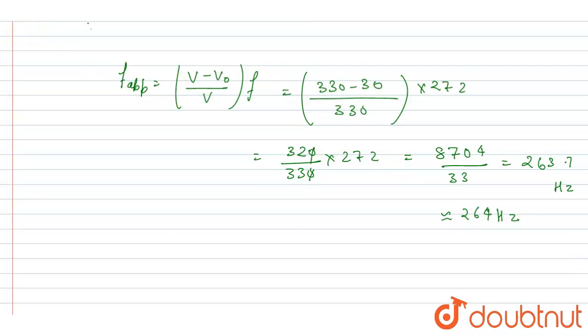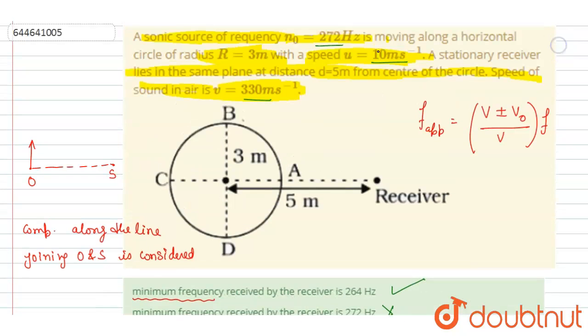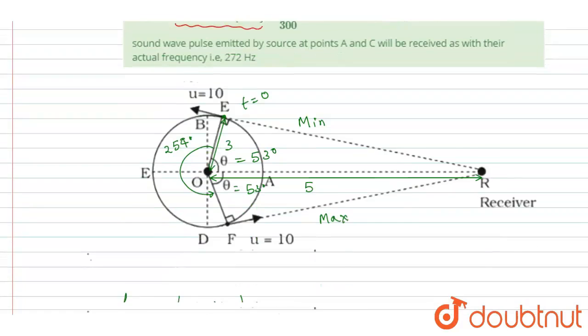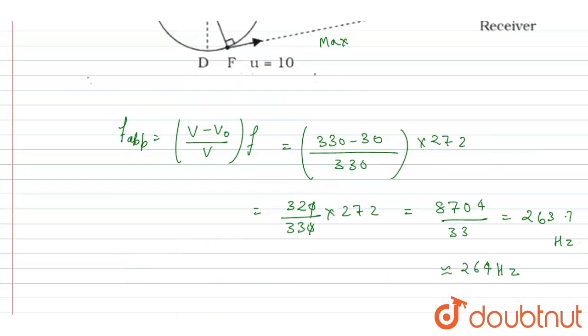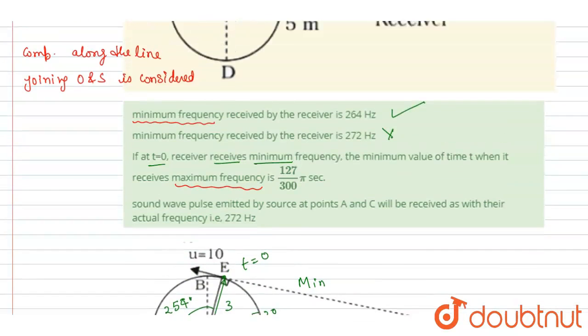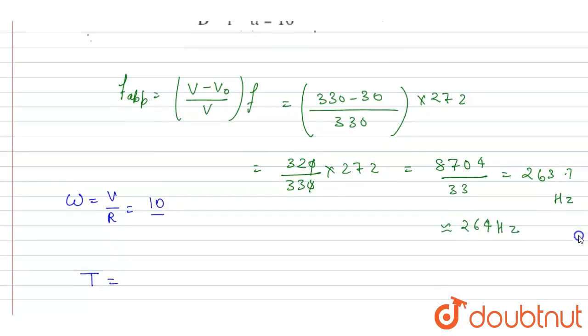And how much time will it take to rotate this much? The velocity of this sound source is already given, and it has to rotate 254 degree, right? So now we can calculate the time to rotate. Omega will be simply V by R. V is 10, R is 3, so I will write 10 by 3.